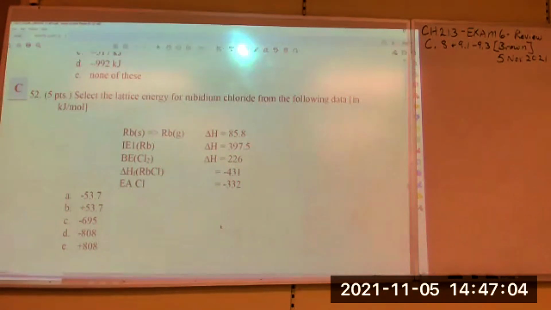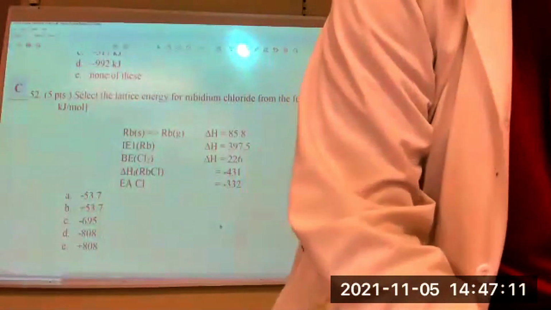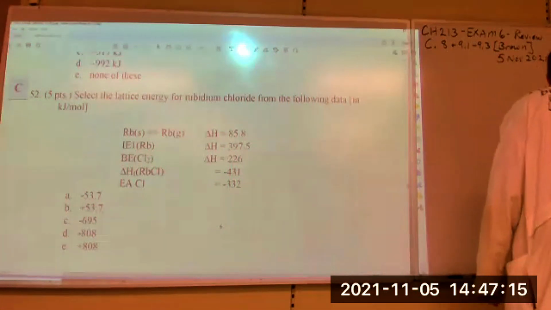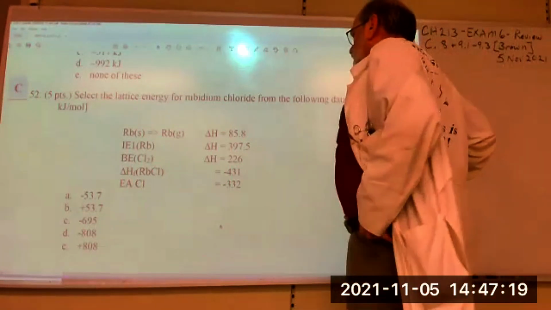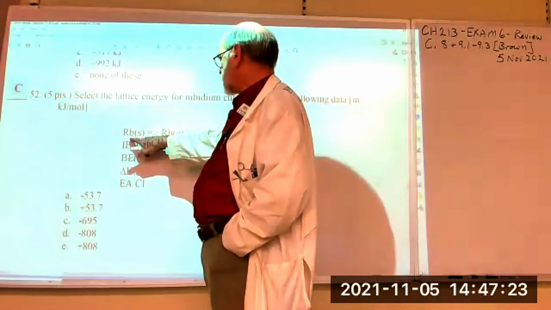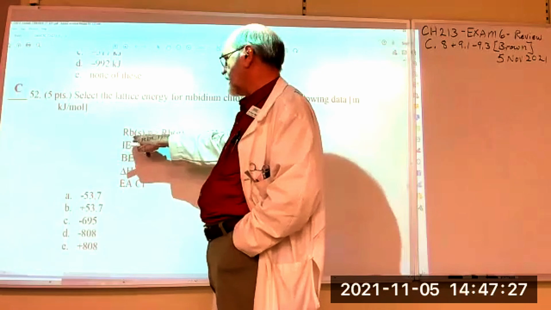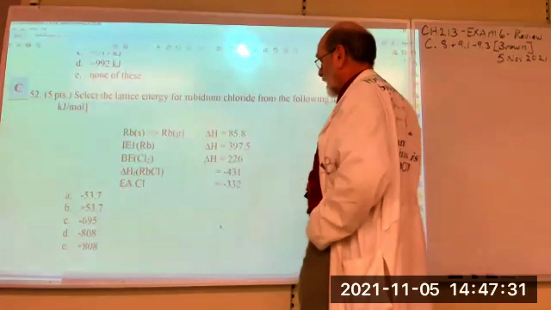In order to do this one, we have to understand what those terms mean. So we need to stop at this one for just a second. Find a marker that works. Okay. Well, this one is the energy it takes to sublimate the rubidium from solid to gas. Okay, that's self-explanatory.